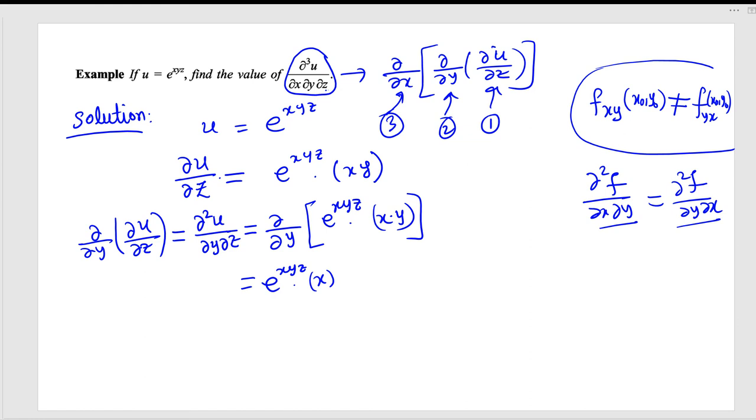So that's very important to keep in mind. If you do it in the reverse order, then you may get a different answer. You may get something, but that may not be what is asked. So that is why it is important to follow the order in which the question is given.